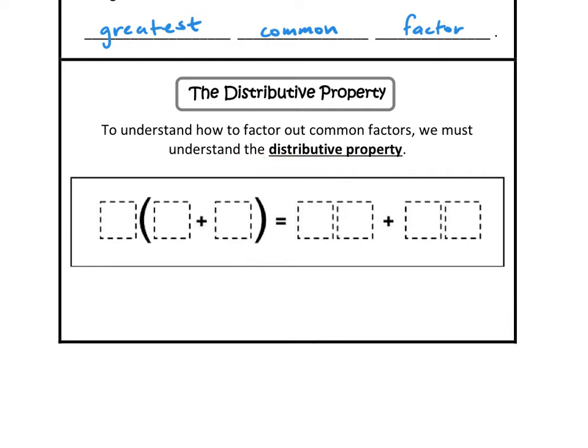As an example, let's say I have the letters A, B, and C. The distributive property says I'm going to distribute individually: A with B and A with C. So when I distribute A with B, I get A times B, and there's multiplication happening here.